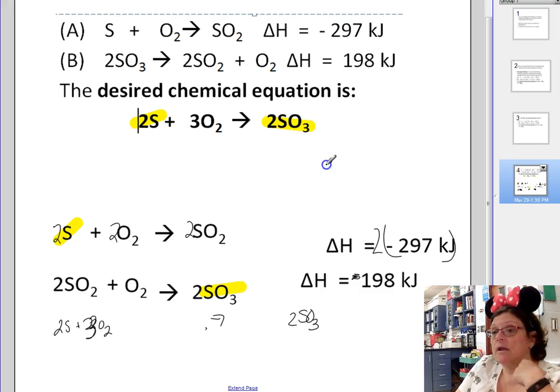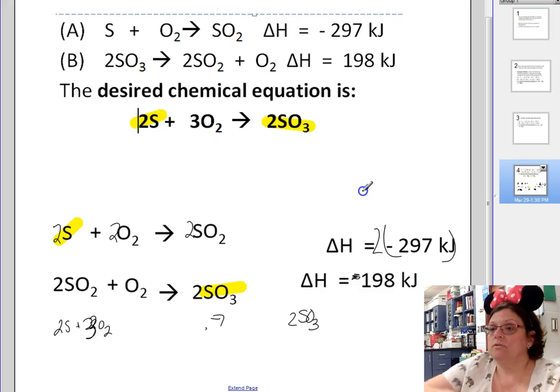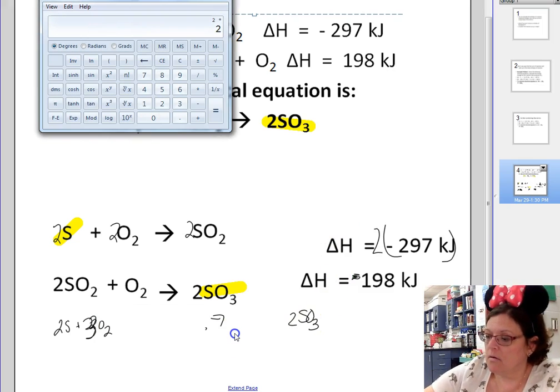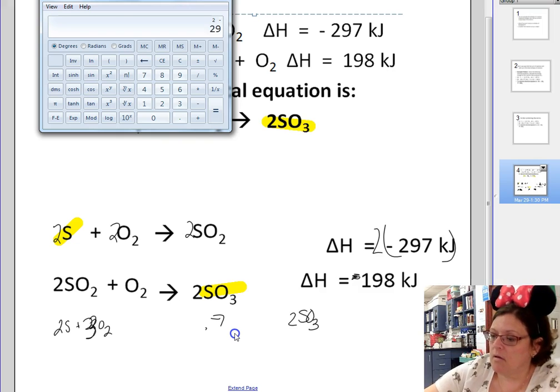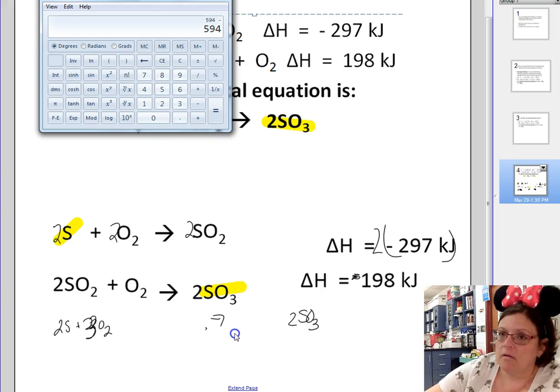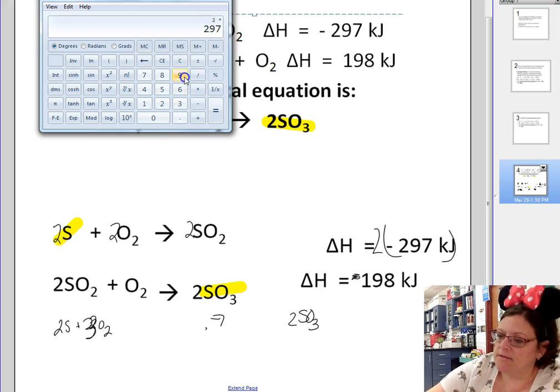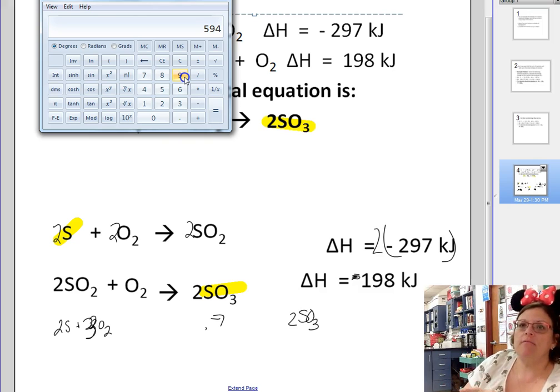Now we've got to add this up. 2 times negative 297, that didn't work. 2 times 297 equals, so we have a negative 514.